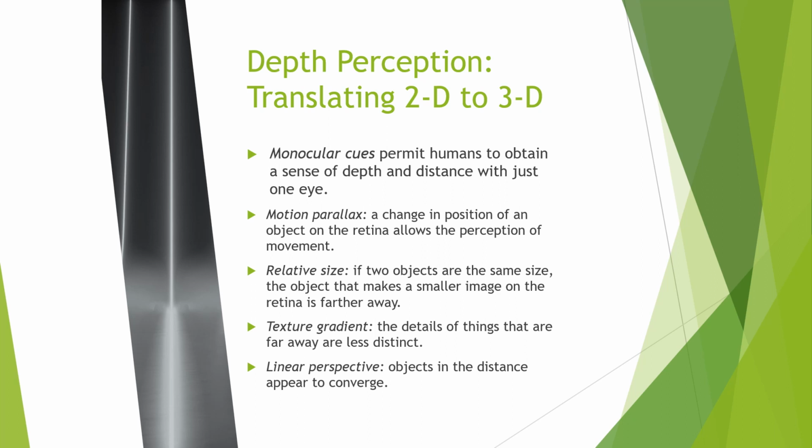When we talk about relative size, if 2 objects are the same size, the object that makes a smaller image on the retina is seen as farther away. So we could have 2 objects that are the exact same size. However, one of those may make a smaller image on our retina. And if that is the case, it is seen as farther away. So here again, we are talking about distance.